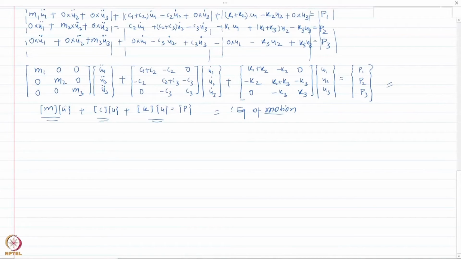Okay, the mass matrix is actually a diagonal matrix. So there are only elements m1, m2, m3 along the diagonal, and the off diagonal terms are 0. So the question becomes, would it always be like that?